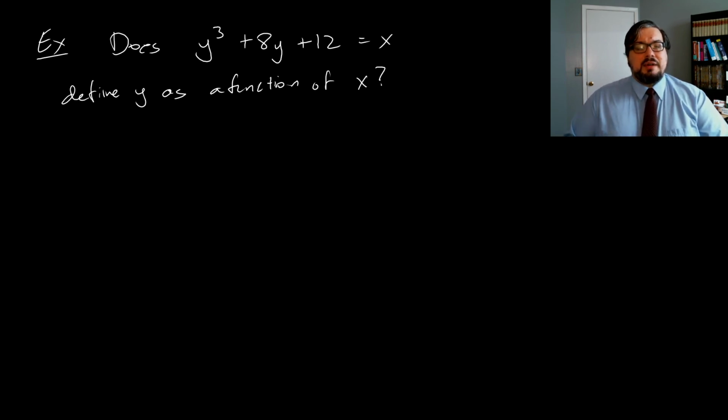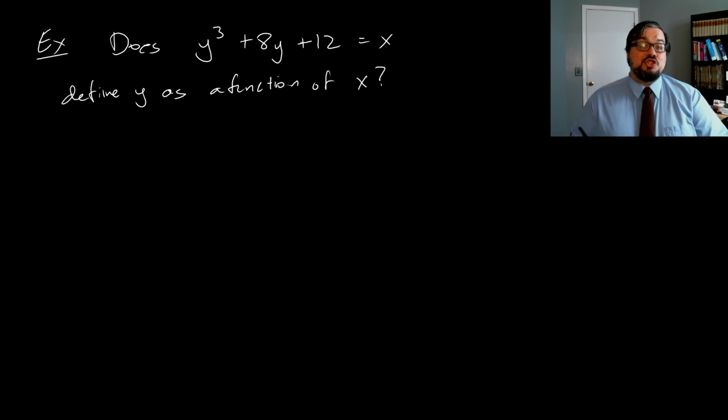And so with the tools that we have, it's usually not going to be the case that we'll be able to, by hand, solve for y here. But not being able to solve for y is not by itself enough to conclude that y is not a function of x.